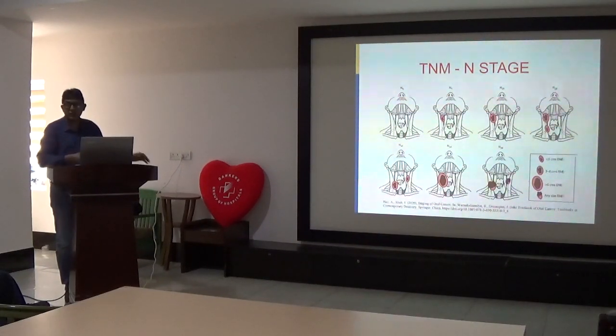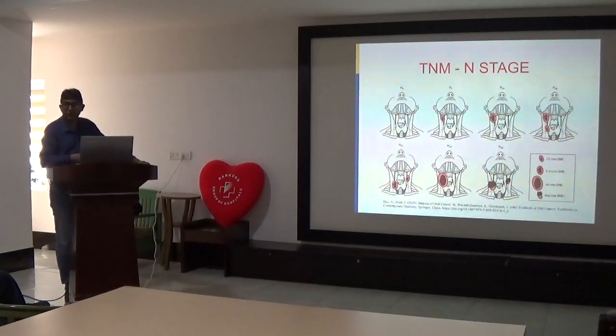So lesions which are reaching the midline or crossing the midline will have a contralateral node also. But none of these nodes again are more than 6 cm in size. So N2 is nodes which are less than 6 cm in size. N2A is a single node, N2B is multiple nodes, and N2C is contralateral.